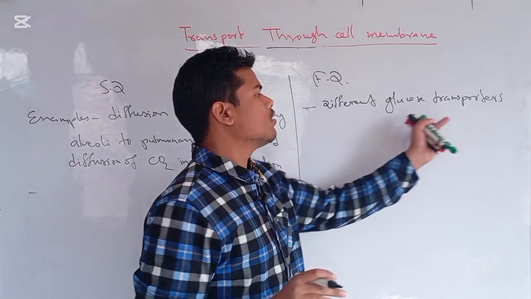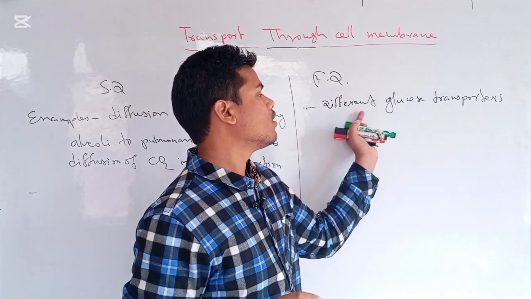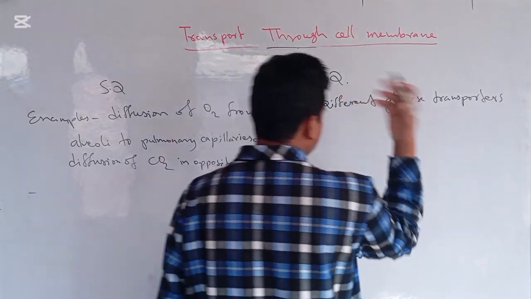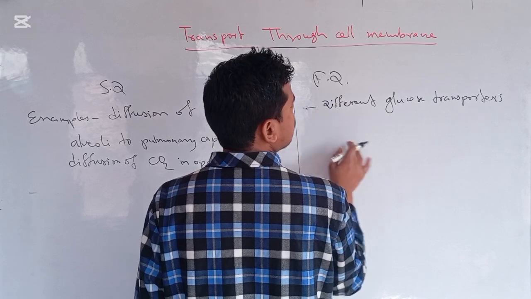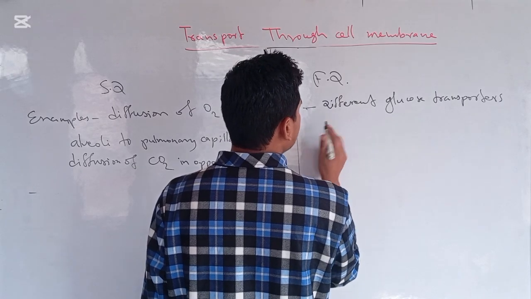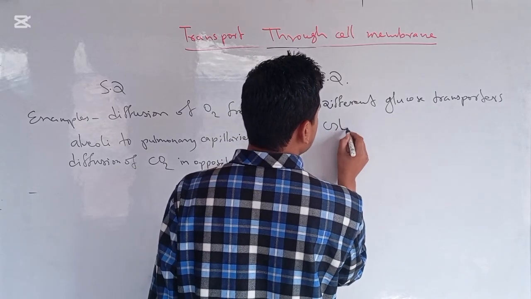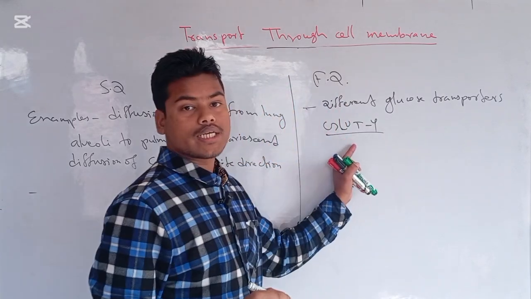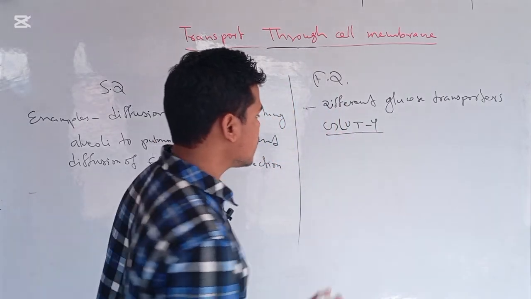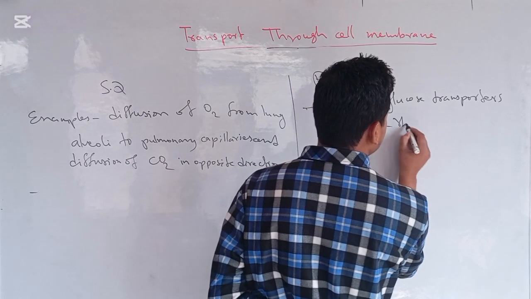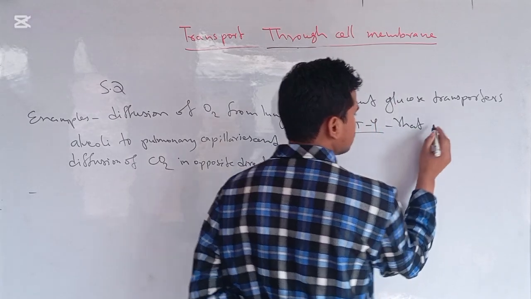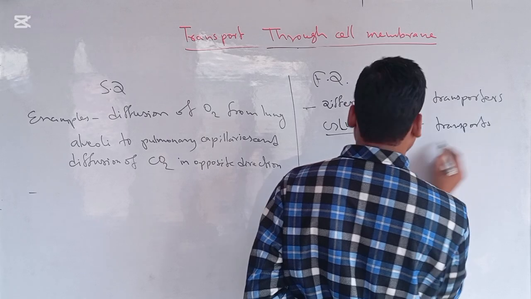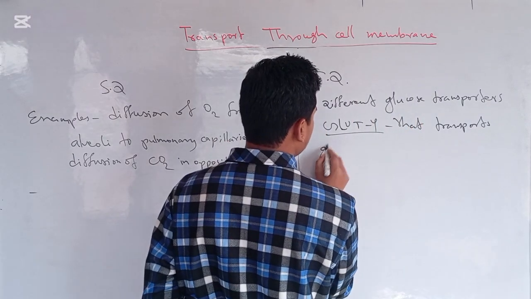Till now, 14 different glucose transporters have been identified, and there might be many more too. So for example, GLUT4. This GLUT4 is an important transporter that transports glucose in skeletal muscle and adipocytes.